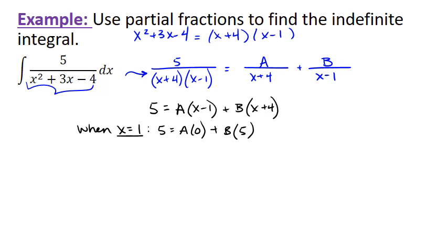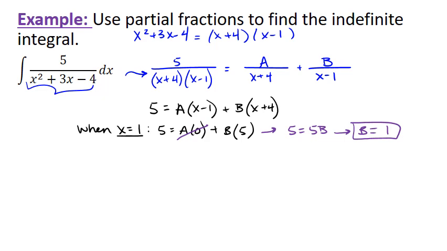The reason I chose 1 is because I wanted to multiply by 0 in order to cancel that variable out. So if I solve this, I have 5 equals 5B, divide both sides by 5, and I find that B is equal to 1.